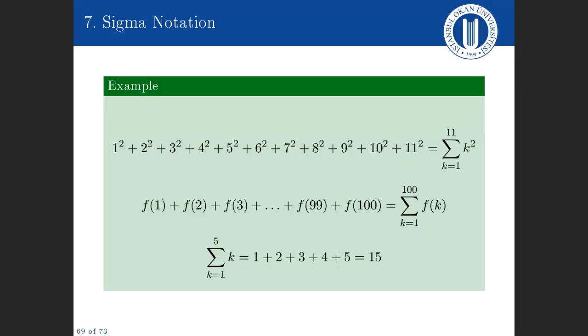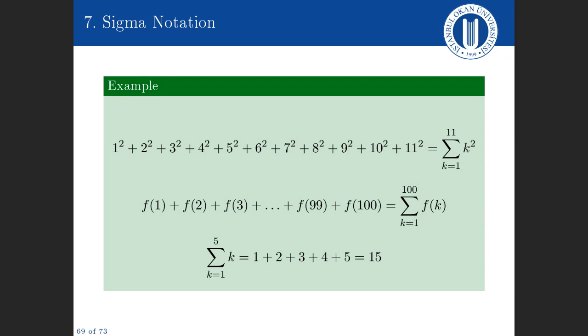So, for example, 1 squared plus 2 squared plus 3 squared plus 4 squared plus 5 squared plus 6 squared plus 7 squared plus 8 squared plus 9 squared plus 10 squared plus 11 squared, we can write as the sum from k equal to 1 to 11 of k squared.